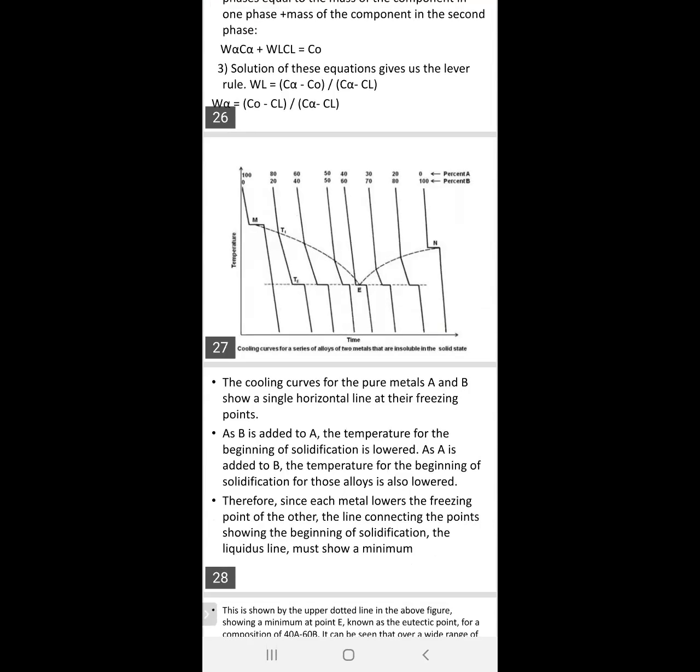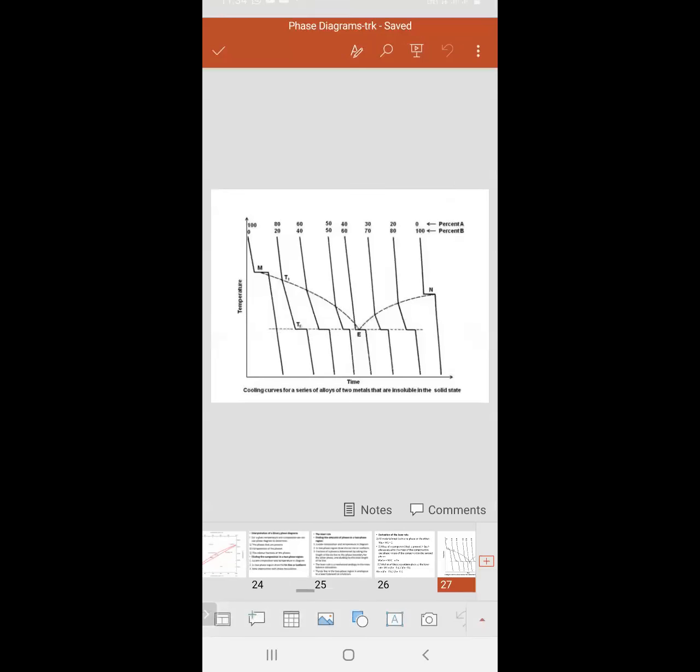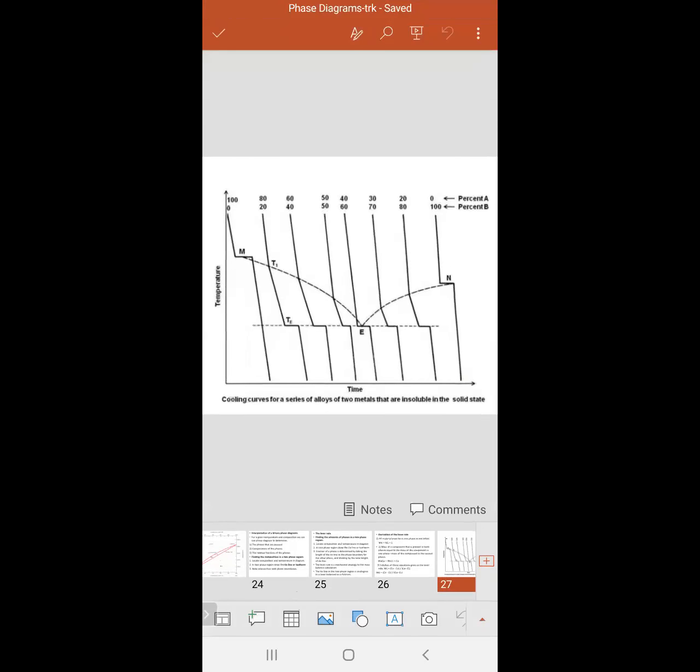Solidification starts at one point, T1, and ends at E. Here also solidification starts and ends at E. That temperature is the eutectic temperature, TE, a constant temperature.